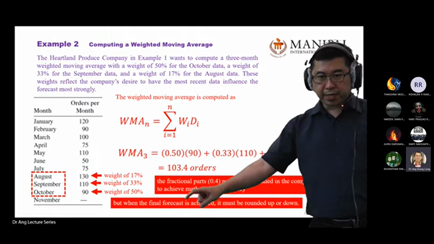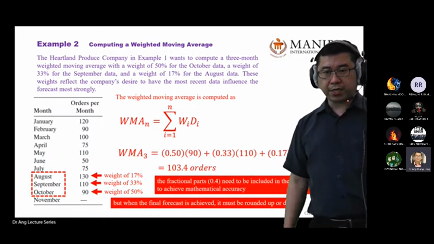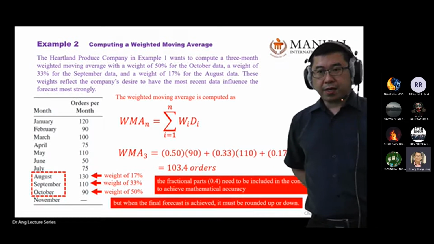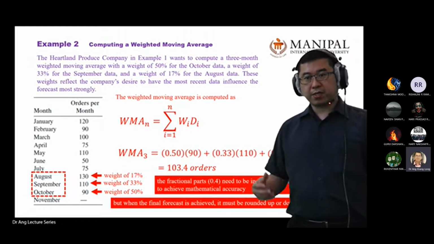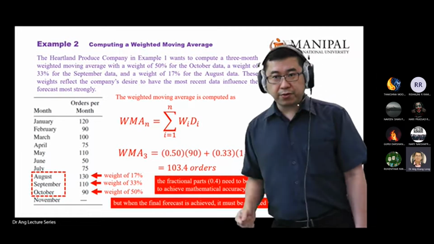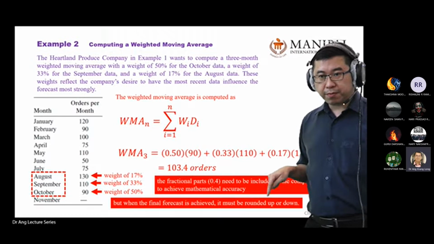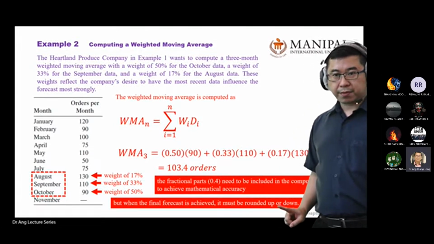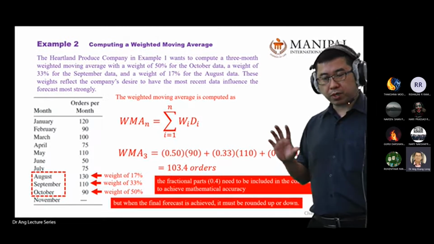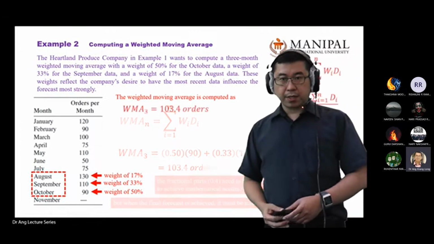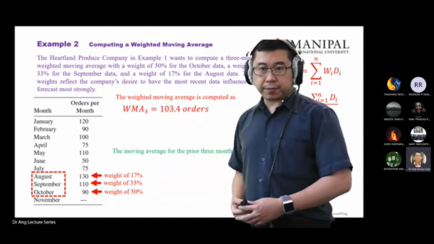And one reminder here is that when you complete your calculation, at your final answer, when you need to give an answer to your manager, your manager is expecting 1 full value, so you need to round to the nearest one, moving up or down to the full number.